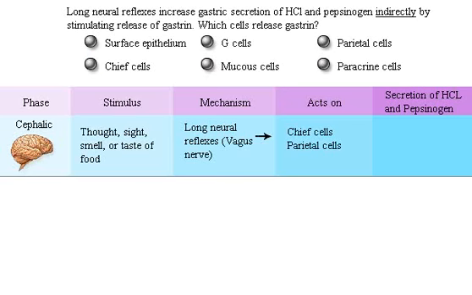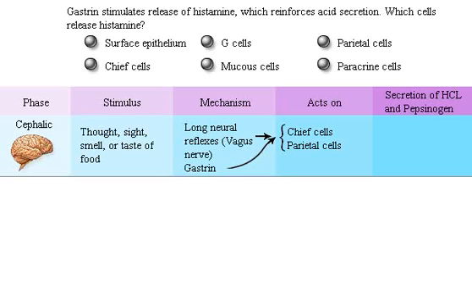Long neural reflexes increase gastric secretion of hydrochloric acid and pepsinogen indirectly by stimulating release of gastrin. Which cells release gastrin? Gastrin stimulates release of histamine, which reinforces acid secretion.